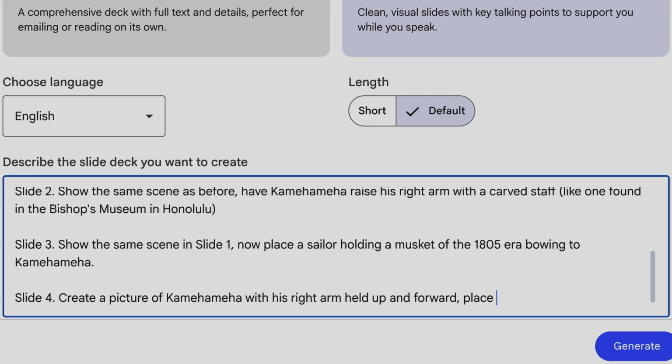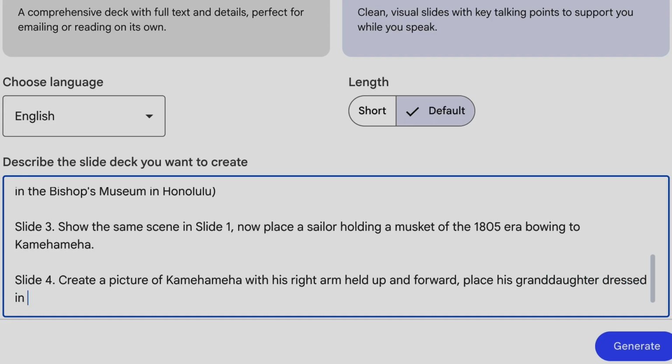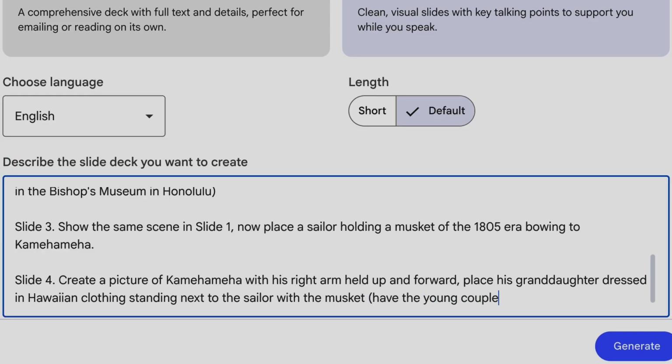Place his granddaughter dressed in Hawaiian clothing, standing next to the sailor with the musket. Have the young couple holding hands.